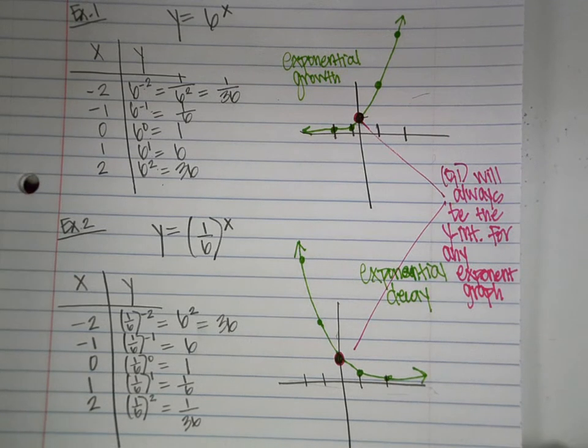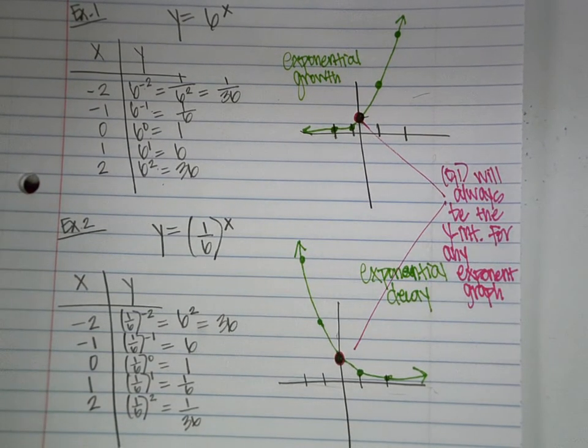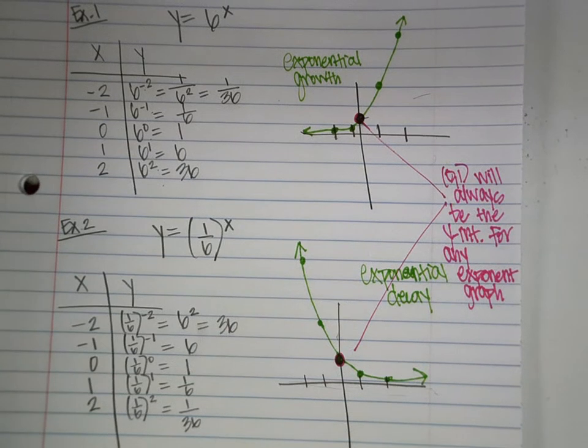It doesn't matter what you have in the base. Anything to the 0 power equals 1. So your y-intercept is always going to be 0, 1.